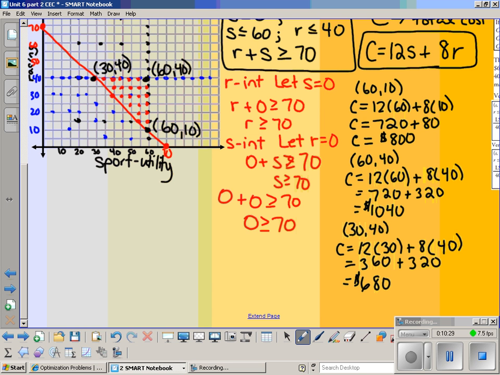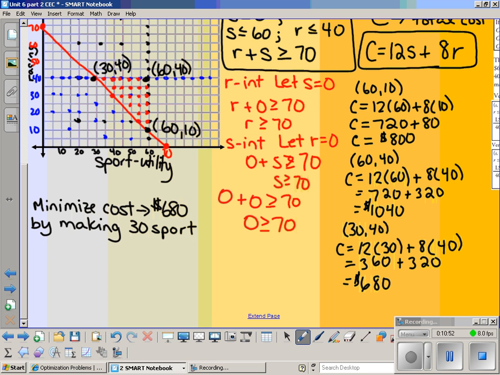So we can now say if you wanted to minimize your cost, you would spend $680, which was the lowest of the three, and you would do that by making 30 sport utility and 40 racing cars.